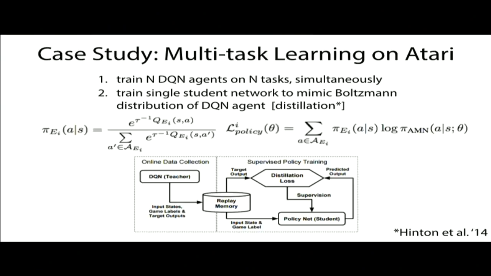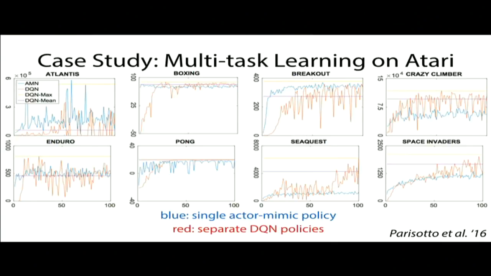Okay, so how well does this do? In the Toronto paper, they trained this across 8 different tasks that are shown here. The blue curve shows the single policy, the single actor mimic policy that was learned across all tasks. And the red curve shows the separate expert DQN policies.